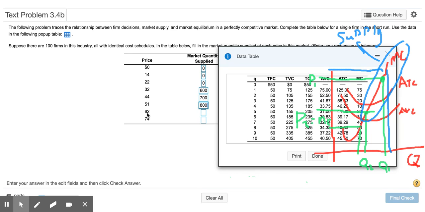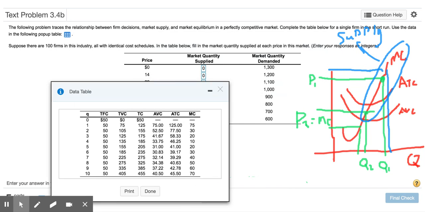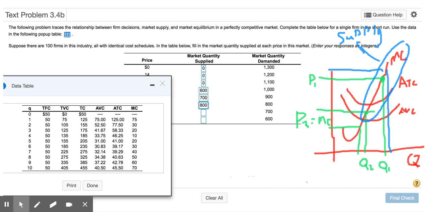Okay, when the price is 62, put it right here so you can see. So at 62, this company should be producing 9 units, so 100 companies should be producing 900, and you see that 62 is above both the average total cost and average variable cost. I mean, the tricky section is this section.